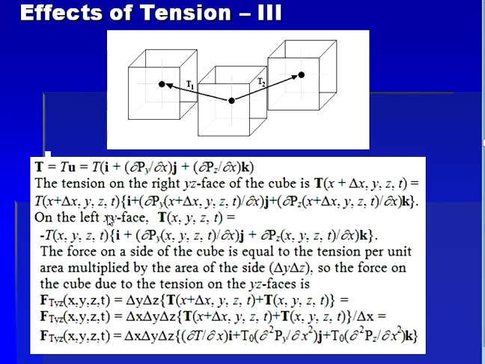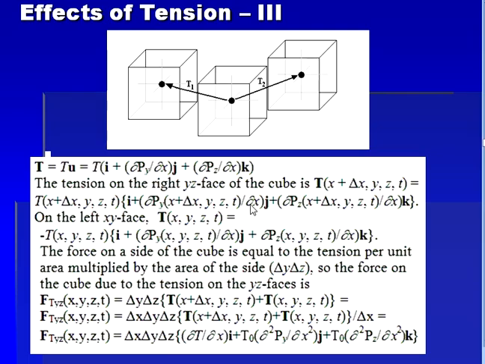That's our x component of the force because you can see it multiplies the unit vector i. If we now divide by delta x, we recognize this quantity as being the partial derivative of the magnitude of the tension with respect to x.